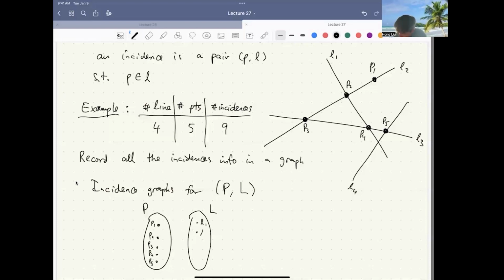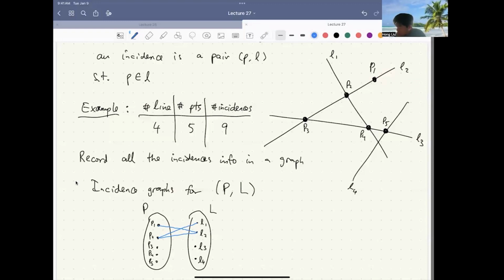You have L1, L2, L3, L4. Then you put an edge when the point lies on that line. So P1 lies on L2, you have an edge. P2 is in L1 and L2.